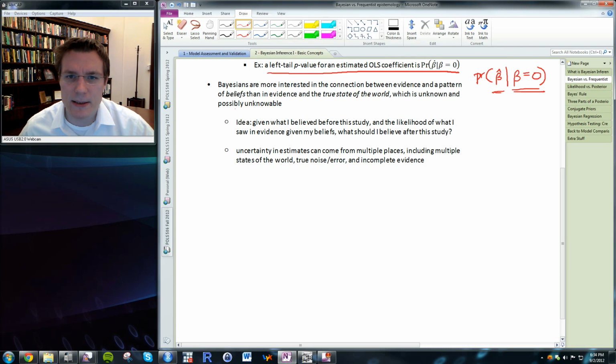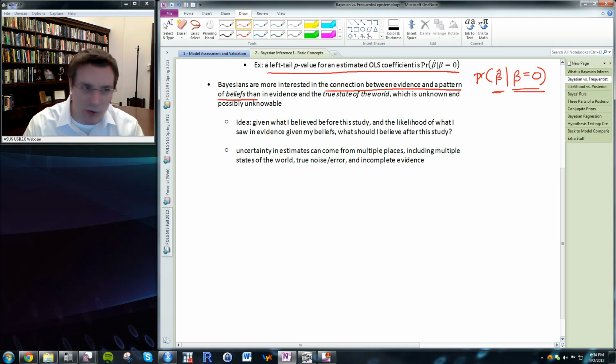Bayesians, on the other hand, are interested not necessarily in mirroring a DGP, but in trying to establish a connection between beliefs and evidence. So you have beliefs about the world. Maybe they're true. Maybe they're not true. We don't really know that. What we're interested in is, are they consistent with what I see out there in the world?